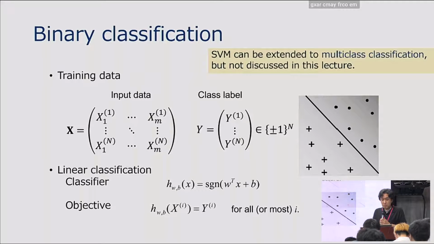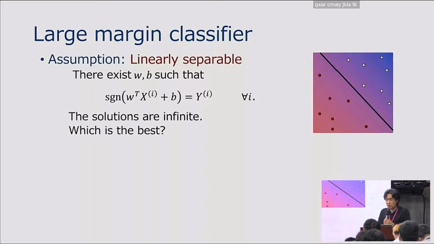Okay. So in the most basic support vector machine, we assume that two classes are linearly separable. So that means that there is some hyperplane to separate plus part and minus part correctly. So once we know that there is at least one such hyperplane, typically we have many such hyperplanes.